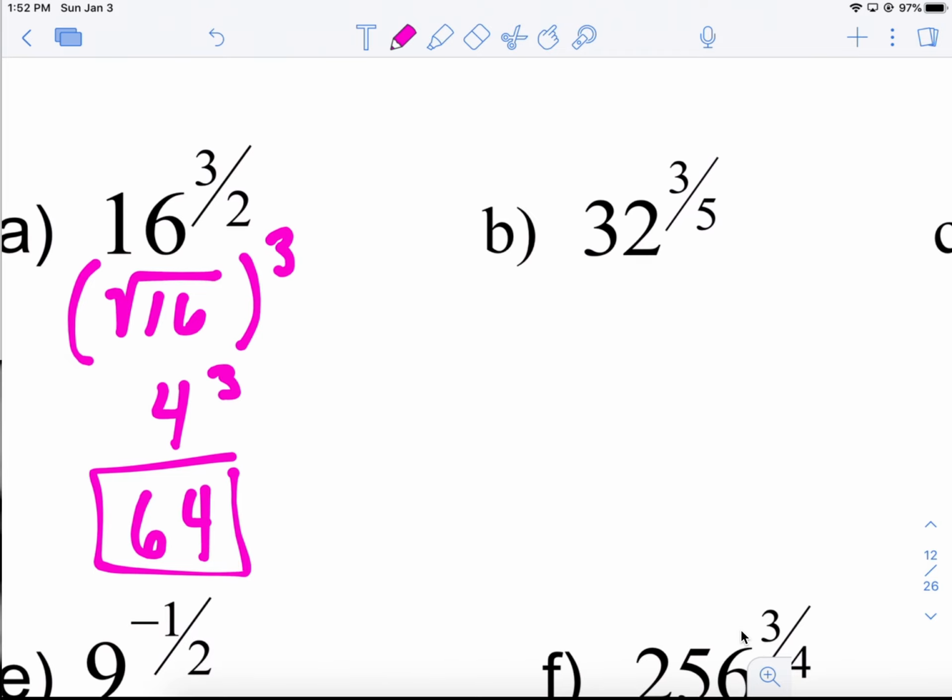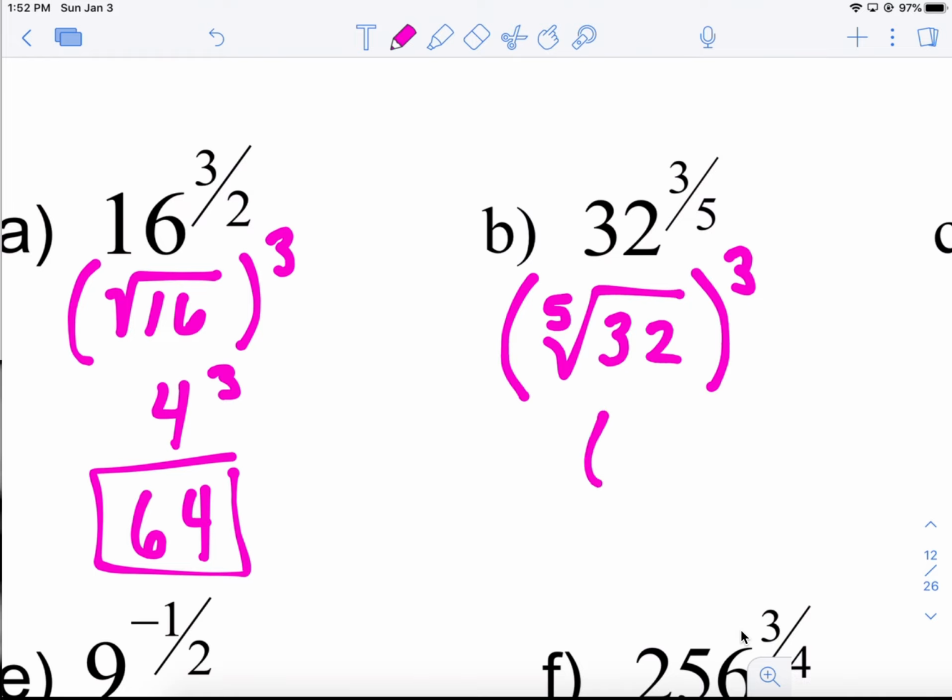So for B, we've already talked about what the 5th root of 32 is. I know that's 2, which means that I could take the 5th root first and then raise it to the 3rd power, and it would look like this. 2 to the 3rd power is 2 times 2 times 2. That gives me 8. So if it's easier, or if you can actually take the root of that number, go ahead and do that before you raise it to the power.